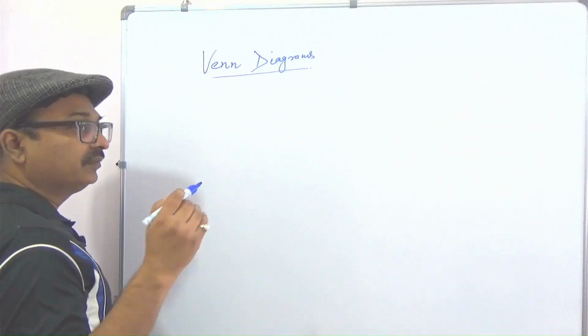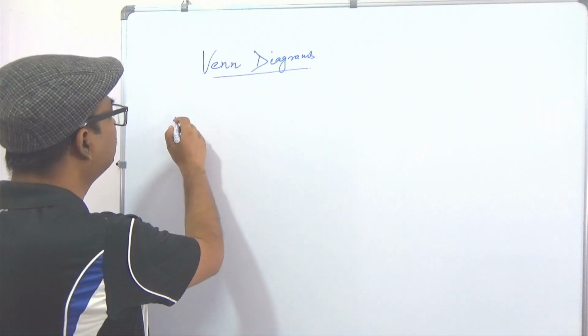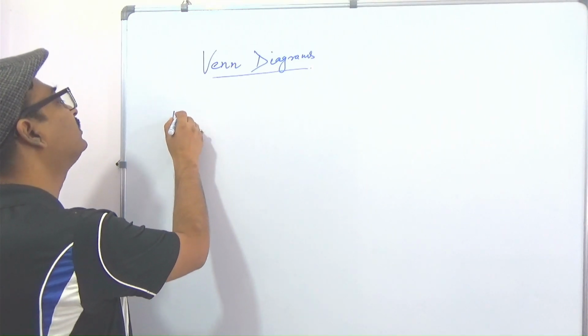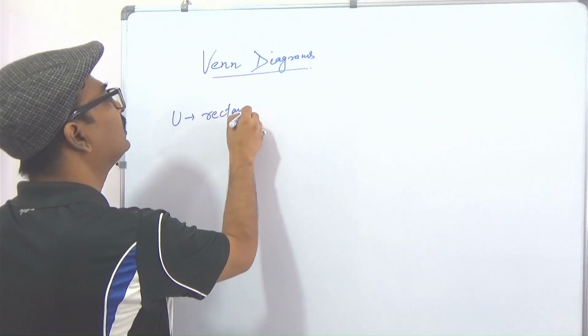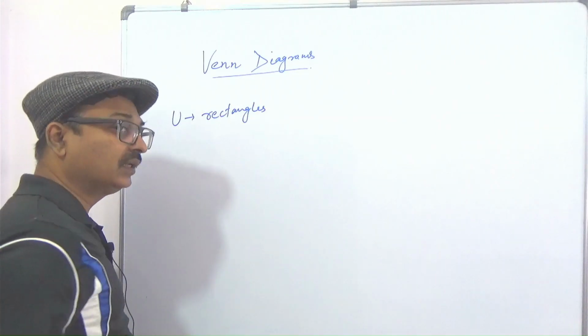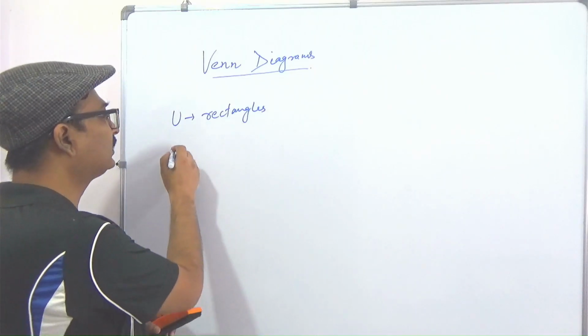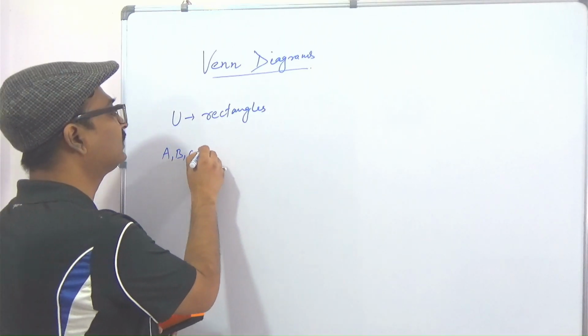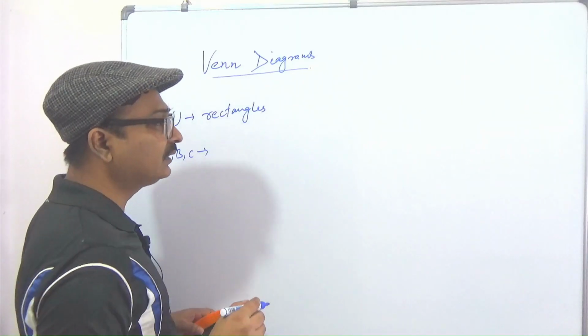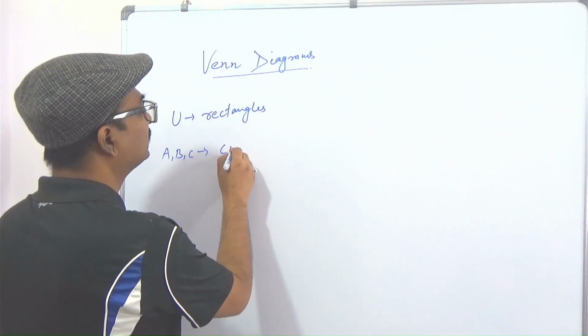I have told you what universal sets are. So we take the universal set as a rectangle, and all other sets will be its subsets. Those sets are A, B, C, etc. These are represented as circles.